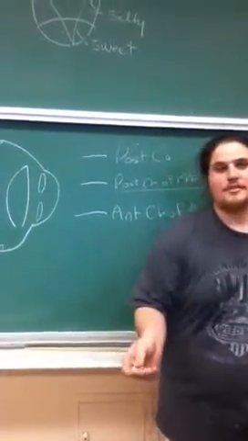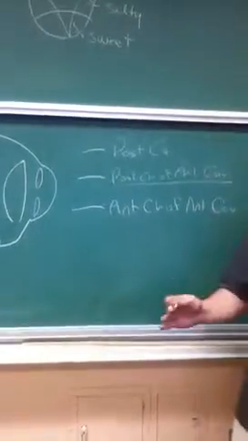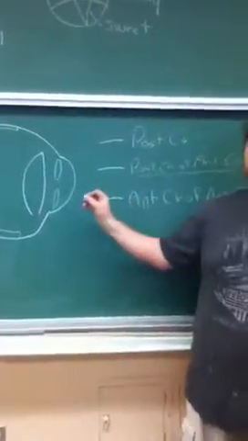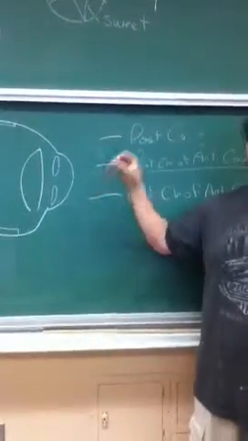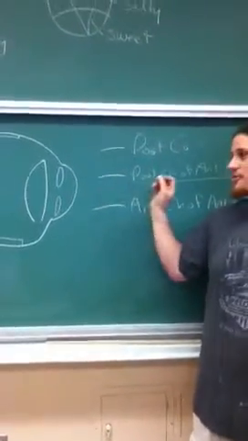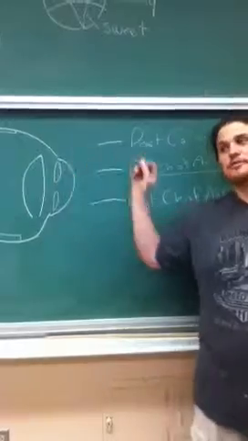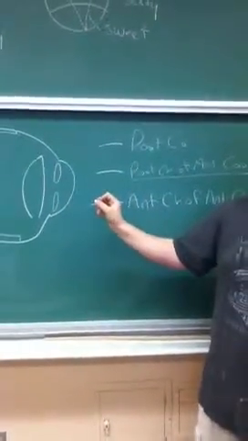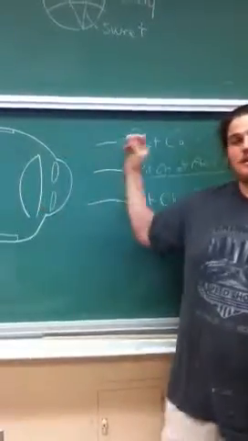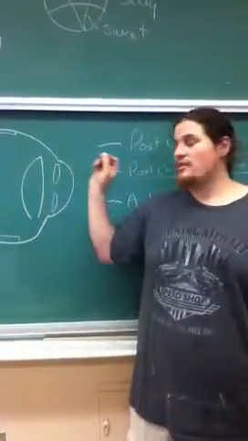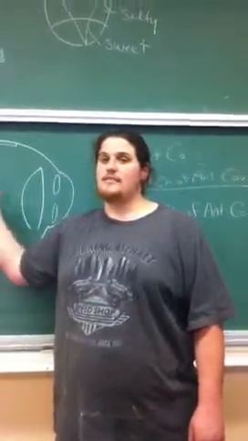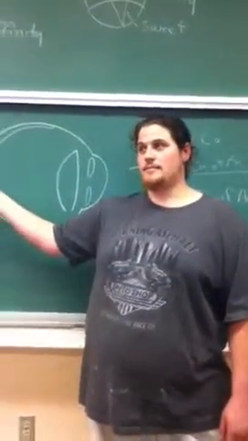So if you're tracing it from start to finish, you would say the cornea into the anterior chamber of the anterior cavity filled with aqueous humor, through the pupil of the iris into the posterior chamber of the anterior cavity, still filled with aqueous humor, then into the lens, then into the posterior cavity filled with vitreous humor, then into the fovea centralis of the macula lutea of the retina.